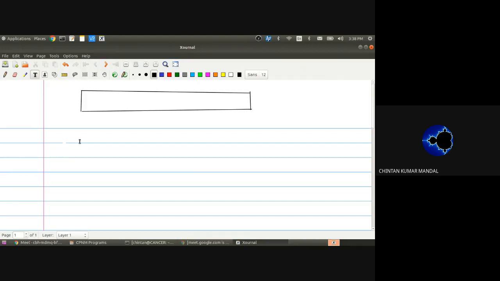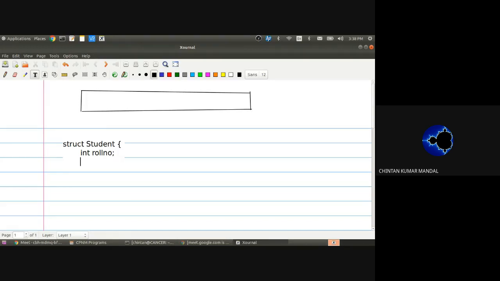So if this is my structure, let's say struct, named student. Let's take for example an int roll number.